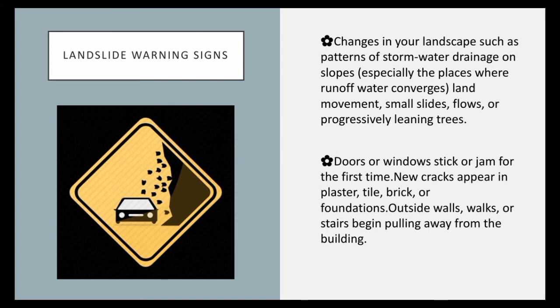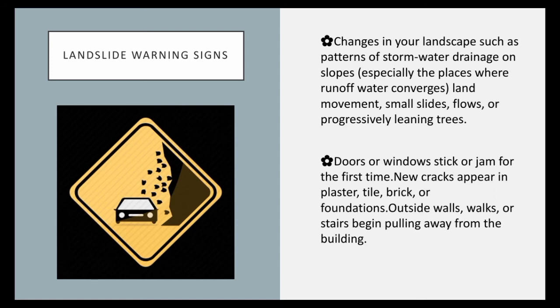bumabagsak. Changes in your landscape such as patterns of storm water, drainage on slopes, especially the places where runoff water converges, land movement, small slides, flows, or progressively leaning trees. So, ayun nga, sign na pwede magkaroon ng landslide is merong land movement.